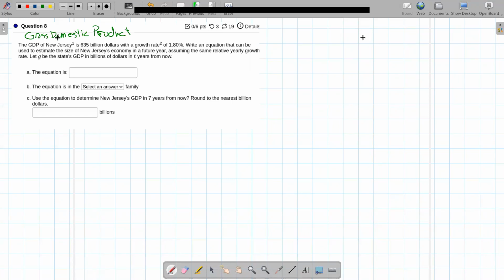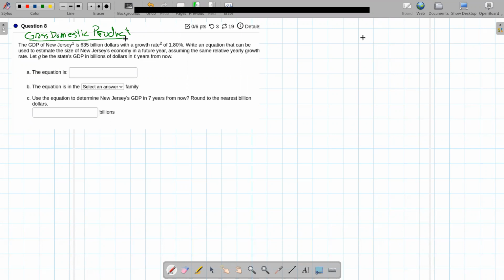So that's like how much is produced, how much money is made in New Jersey every year. I looked this up, and a few years ago, New Jersey made about $635 billion worth of stuff in that year. And I also found that their gross domestic product was growing at a rate of 1.80%.